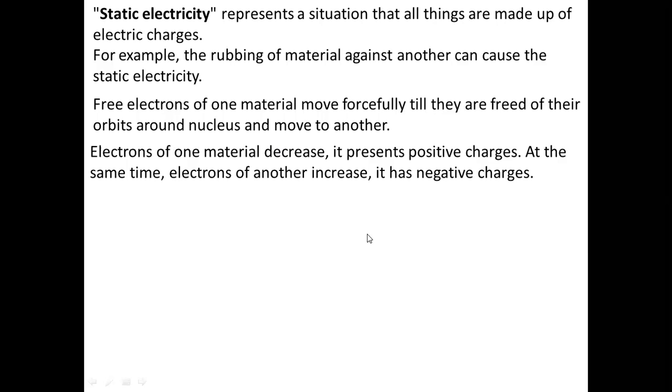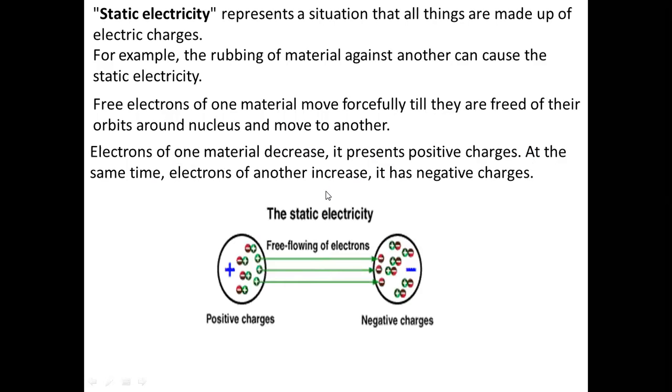The electrons are stable now, but we can move them forcefully by rubbing. Once the electrons move, it causes static electricity. When electrons of one material decrease, it presents positive charges. At the same time, when electrons of another increase, it has negative charges.